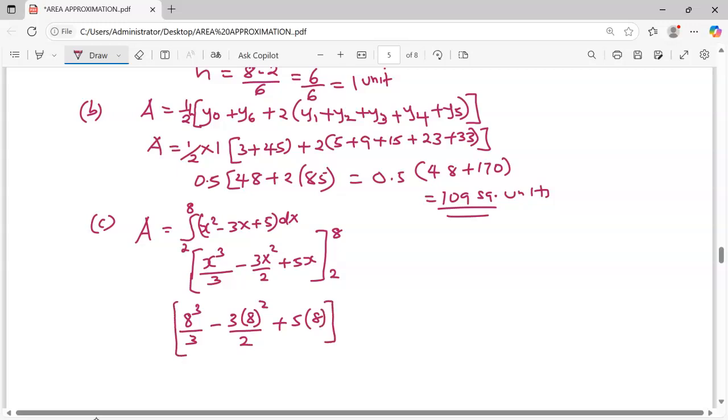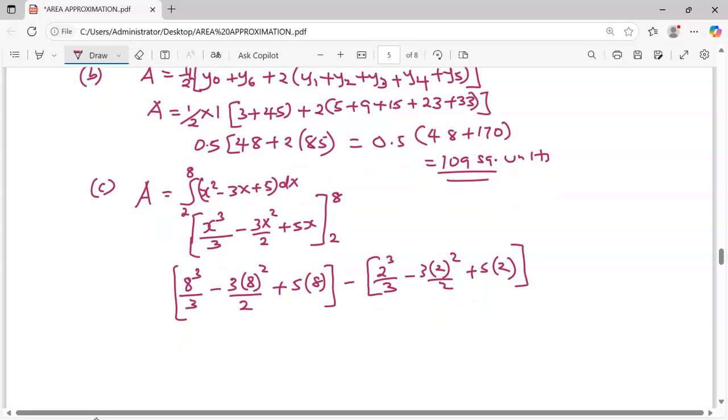Then we minus the substitution of the minimum value of x. We are going to have 2 cubed divided by 3 minus 3 into 2 squared divided by 2. Then of course plus 5 times 2.